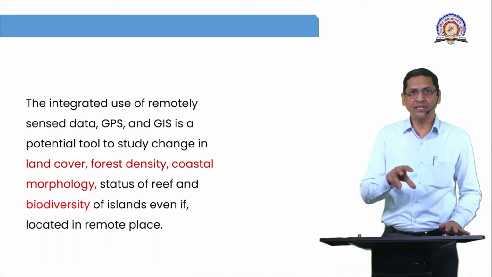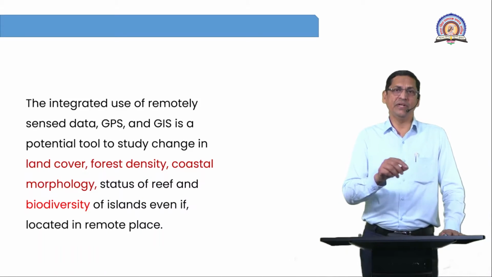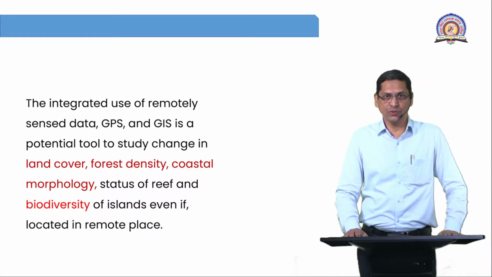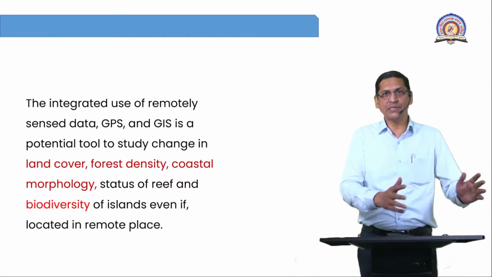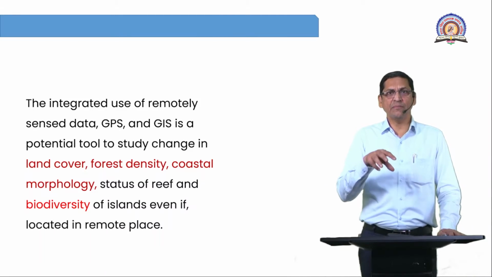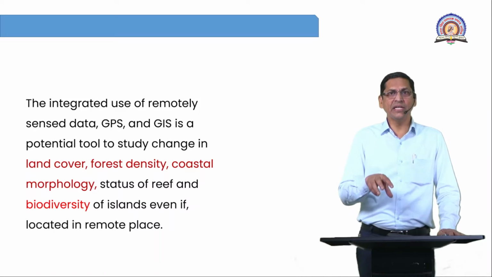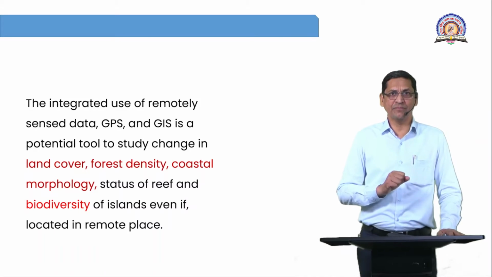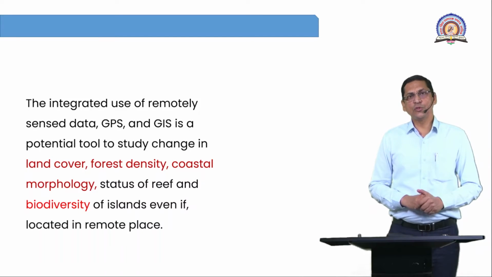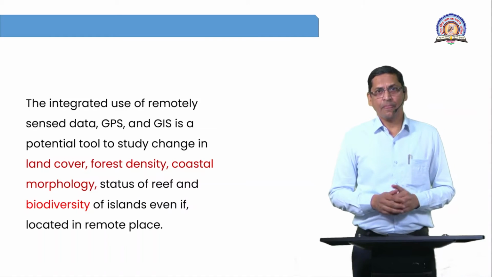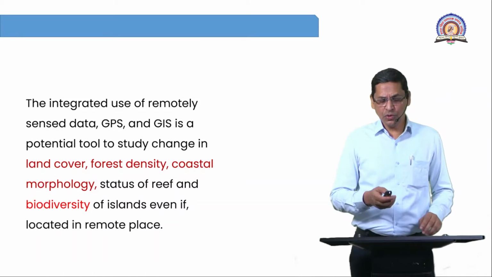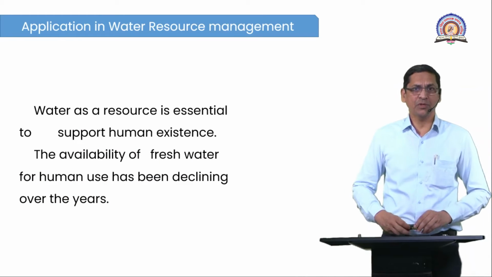And therefore, to detect the density of the forest, we can use GIS. Then, GIS is used for coastal morphology because many times these places are away from the towns or remote, and therefore GIS can prepare very correct, real-time maps of the coastal morphology, which are used for planning purposes. Then it is also used for biodiversity, to find out the status of the biodiversity. So GIS is widely used in different types of aspects.